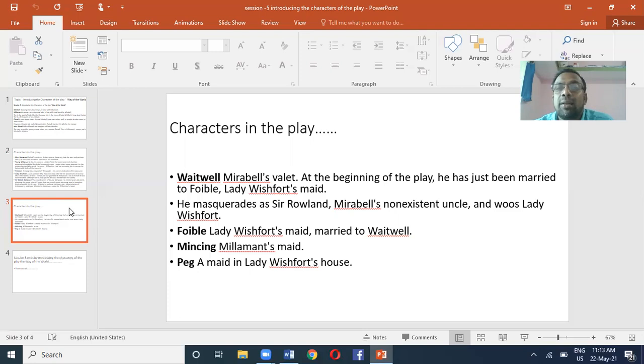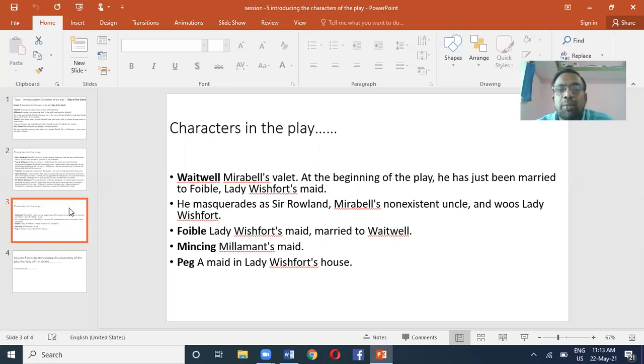As a servant, Waitwell disguised himself as Rowland, and he wanted to marry Lady Wishfort. There was a plan made by Mirabel. Mirabel advised and guided his assistant Waitwell to disguise himself as Rowland, pretend to be the uncle of Mirabel, try to love Lady Wishfort and get married. This was a plot made by Mirabel with his assistant Waitwell.